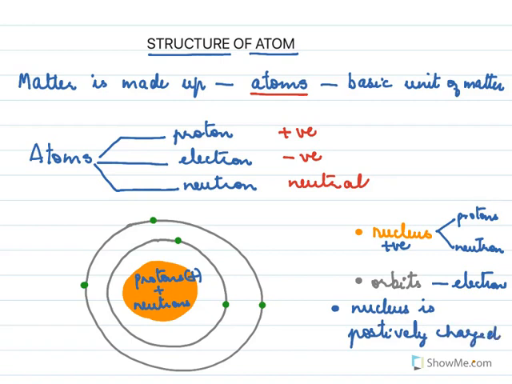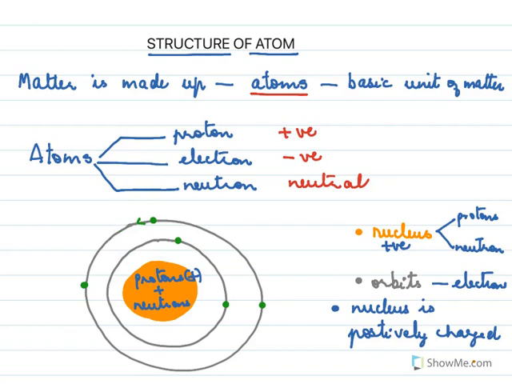So you can say the atom is like a solar system. We have the sun, which represents the nucleus, and all the planets, which represent the electrons, revolving around the nucleus. So all these revolve around the nucleus, the electrons.